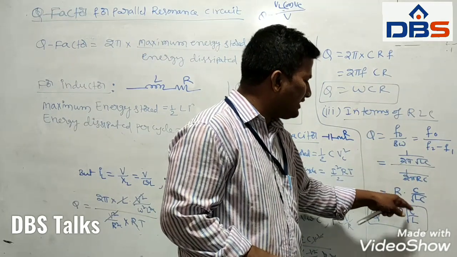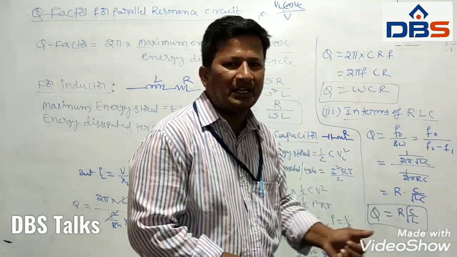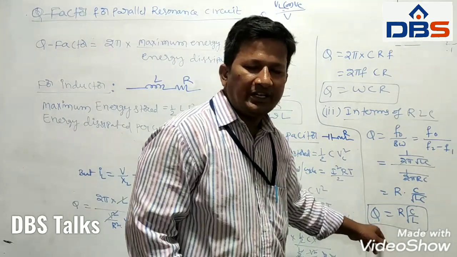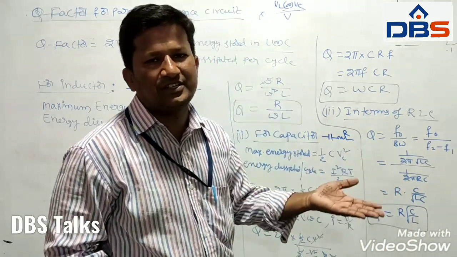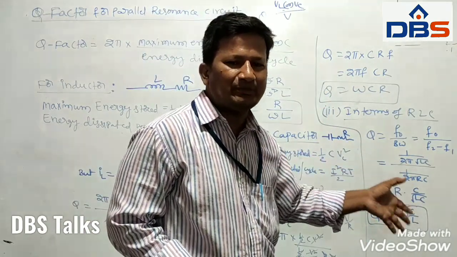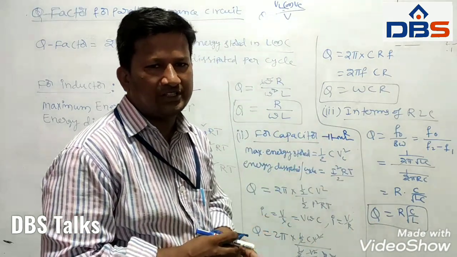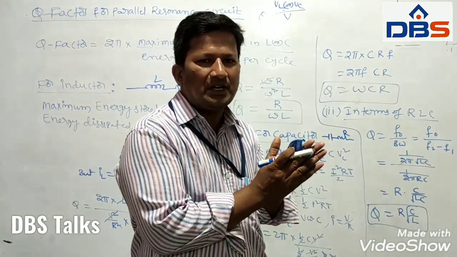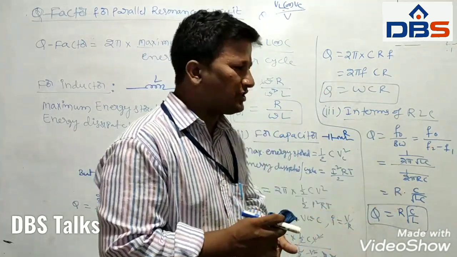The 2 pi cancels, and with some adjustment, Q is equal to R into root C by L. This is the quality factor in terms of RLC parameters in a parallel resonant circuit, whereas in a series resonant circuit it is 1 by R root L by C. Here it is R root C by L, exactly the inverse of series resonance. The quality factor of parallel resonance, for each and every term, is the inverse of that of series resonance.